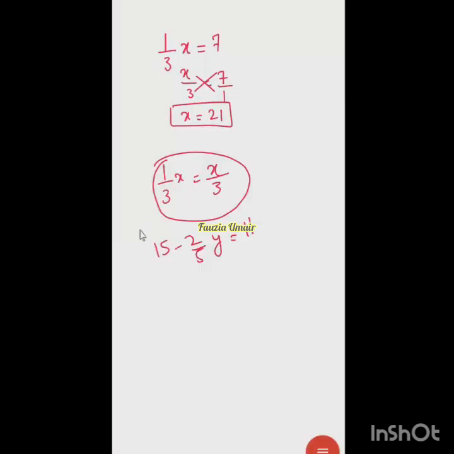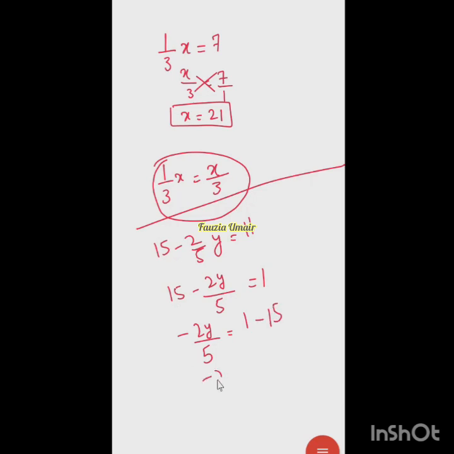So first of all, we will not confuse this कि ये क्या term है. We will write it down as minus 2y by 5 is equal to 11. Now this is a variable term and this is the number or the constant term. ये भी constant term है. So minus 2y by 5 will remain here and this plus 15 will come here and it will be minus 15. ठीक है?